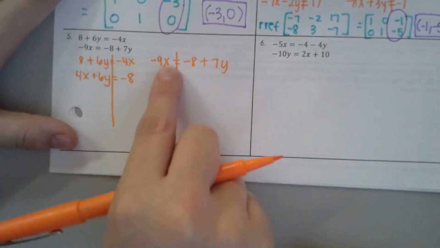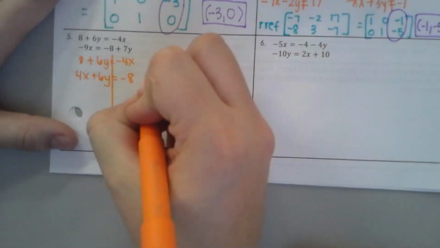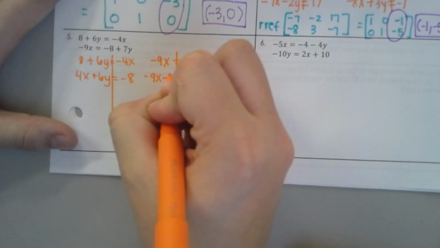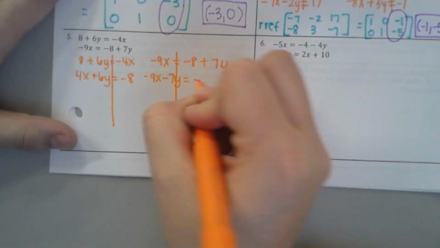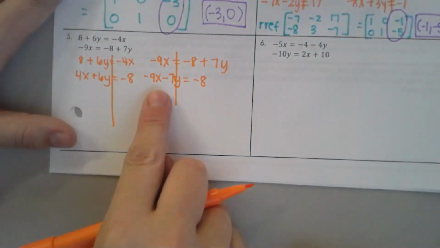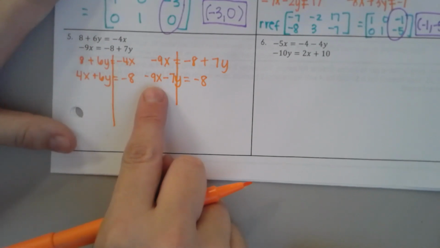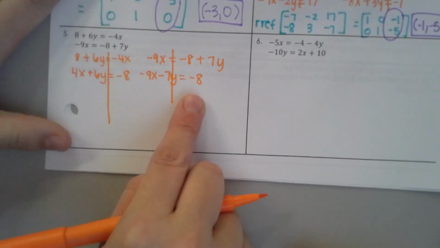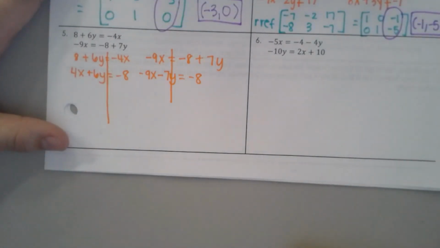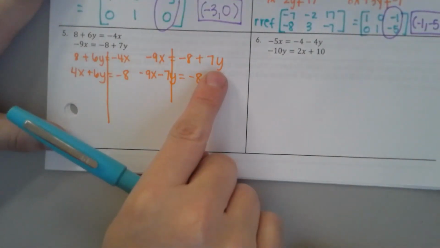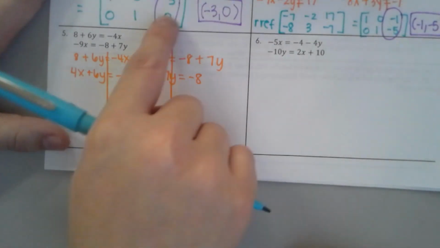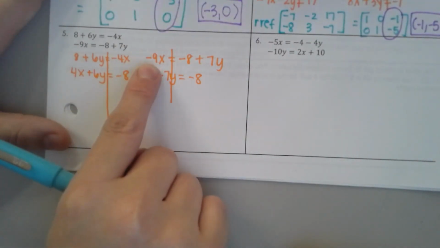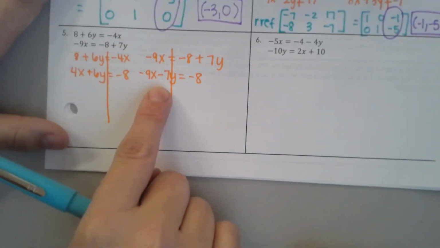So when I jump the line, it's going to be a negative 7y equals negative 8. So it's negative 9x minus 7y equals negative 8. Because this 7y was on the right side, we had to bring it across the line. So that's why it became a minus 7y.